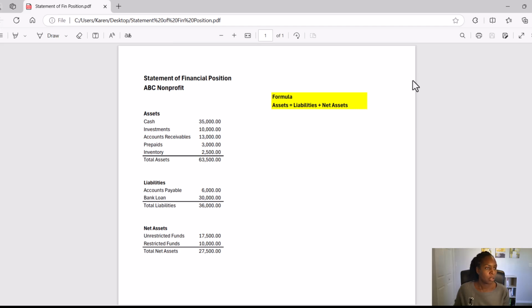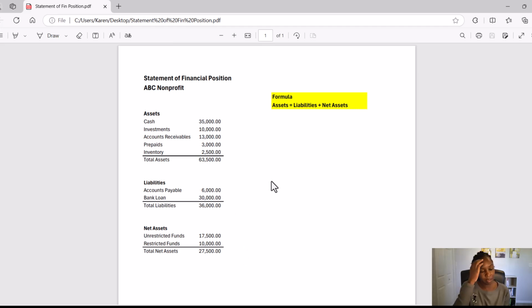The first thing you want to do is make sure your assets equal your liabilities plus your net assets. That's the formula for an accurate balance sheet. So your assets, 63,500, should equal the total liabilities and net assets.